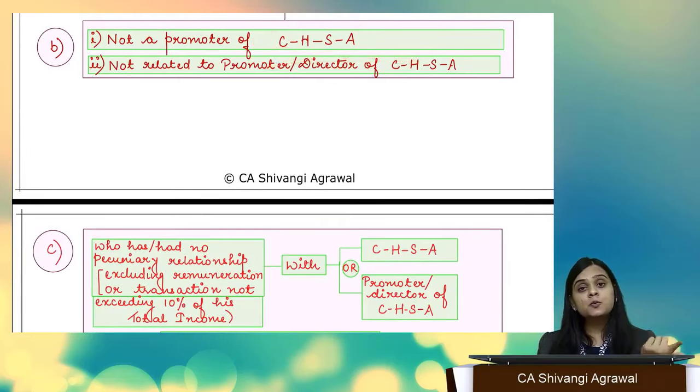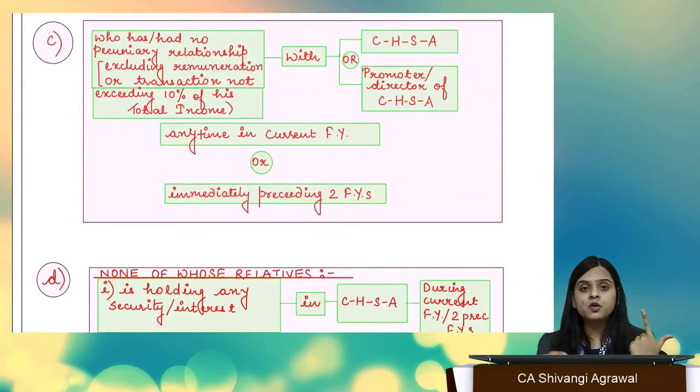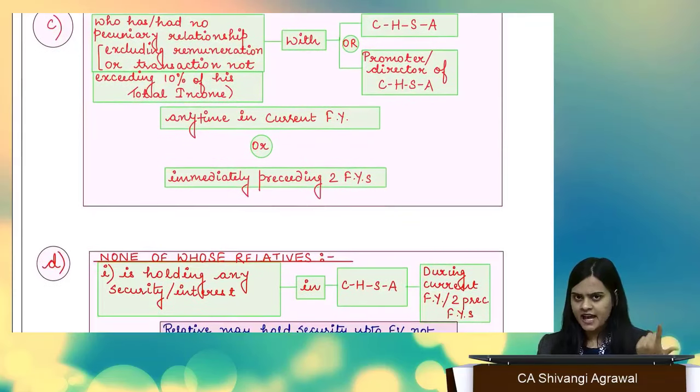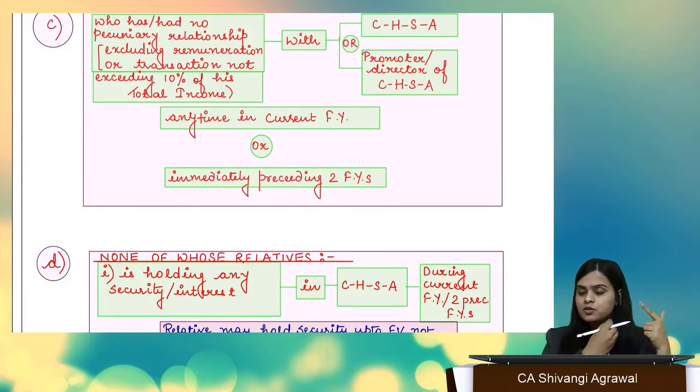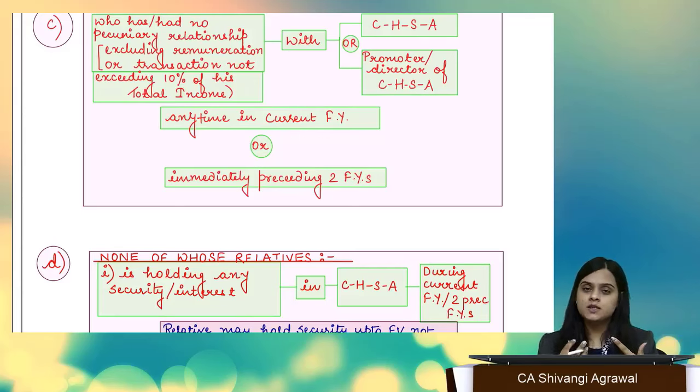He should not be related to PD, that is promoter or director of CHSA. He should not have a pecuniary relationship, that is a monetary relationship, with CHSA or with PD of CHSA during the current financial year or the preceding 2 years. Now this has an exception.